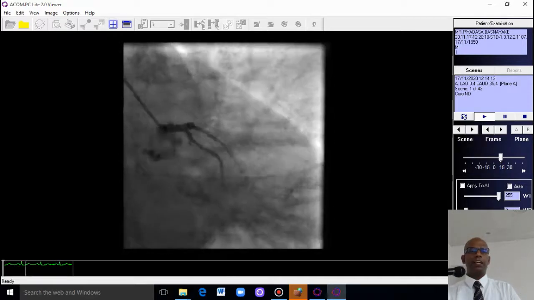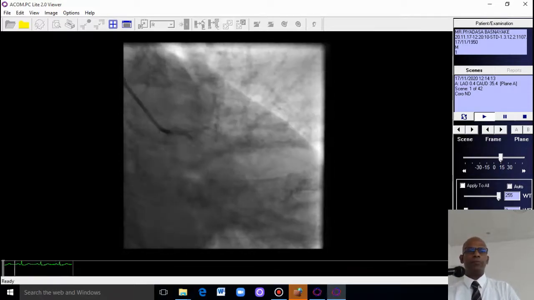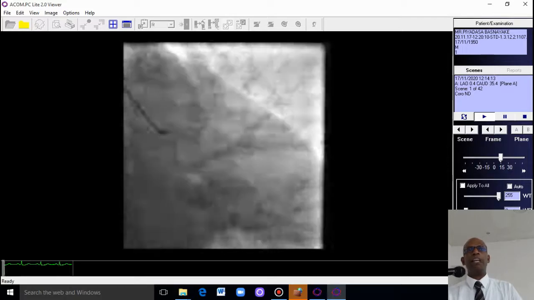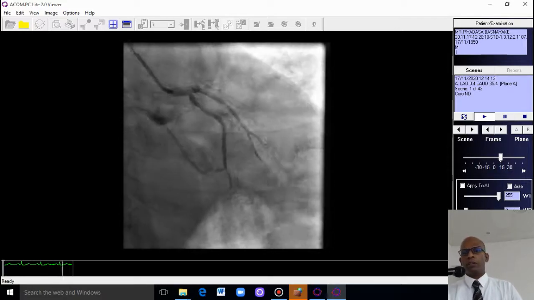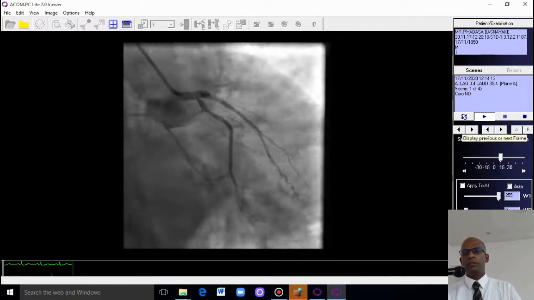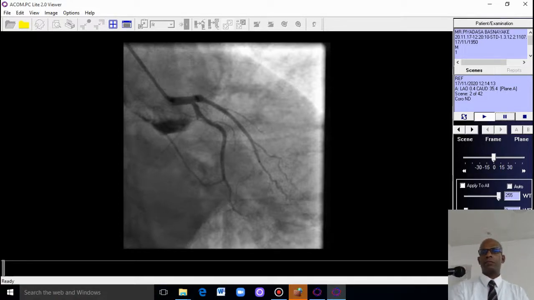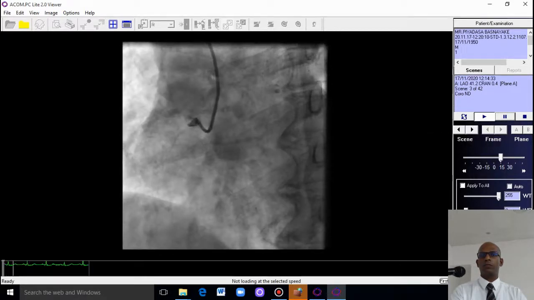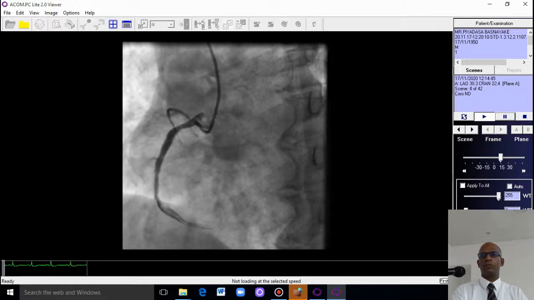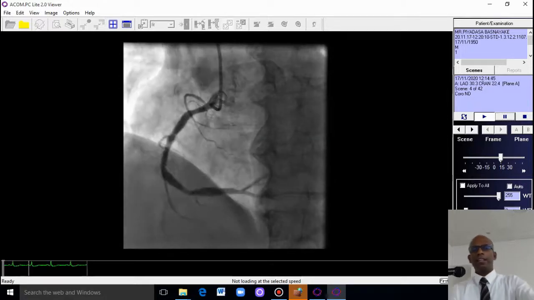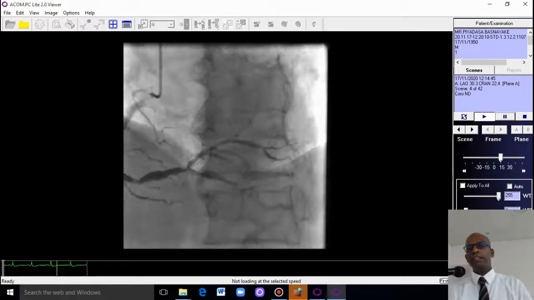We saw that the LCX, as in the previous angiogram, is there, but the LAD is totally gone. The right coronary artery has only mild disease.